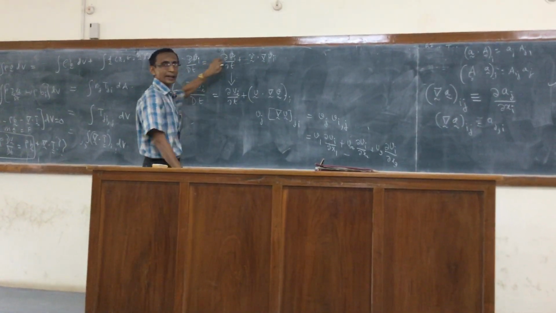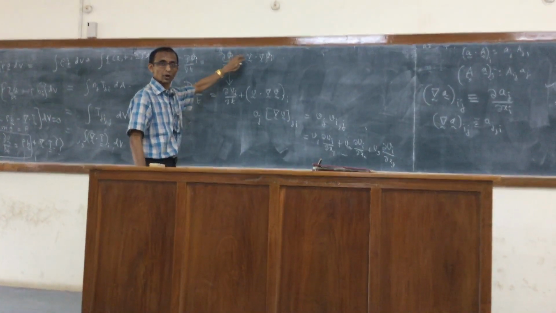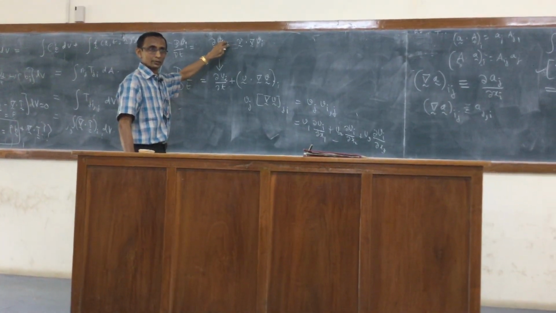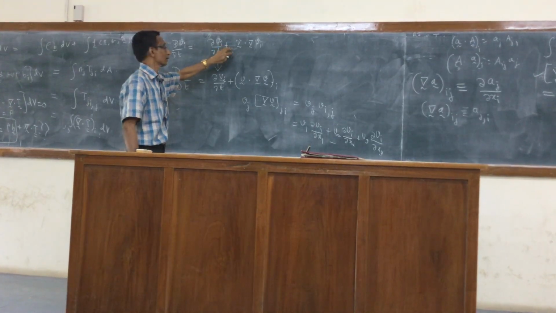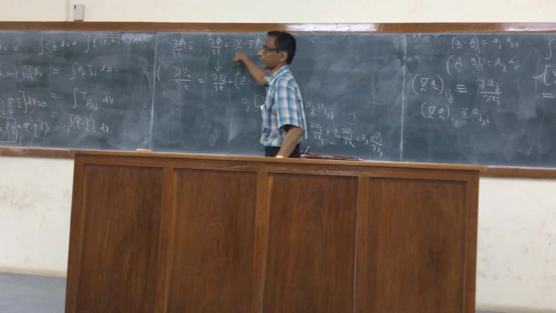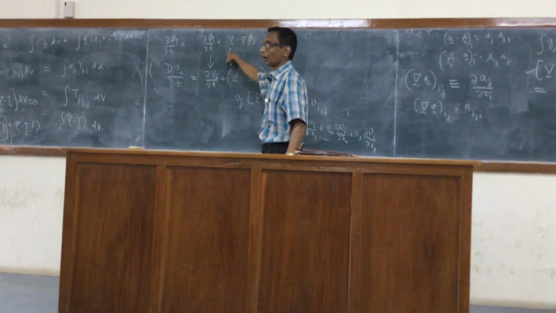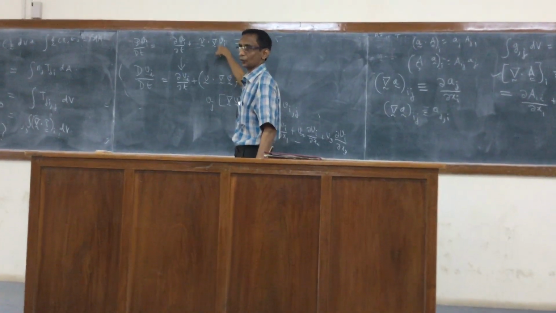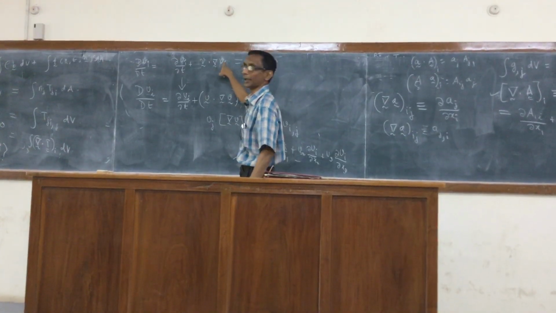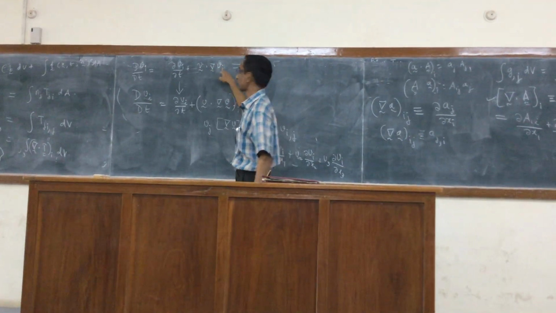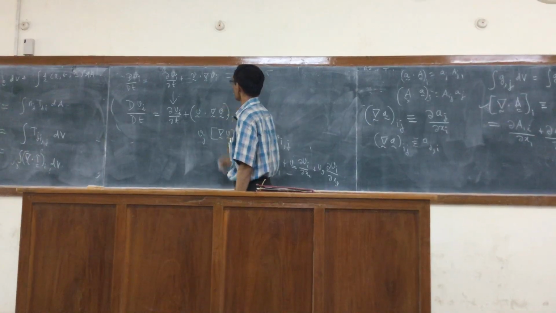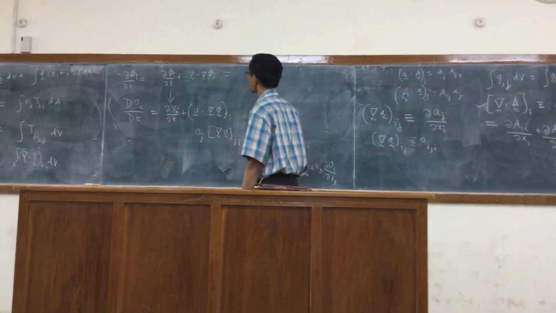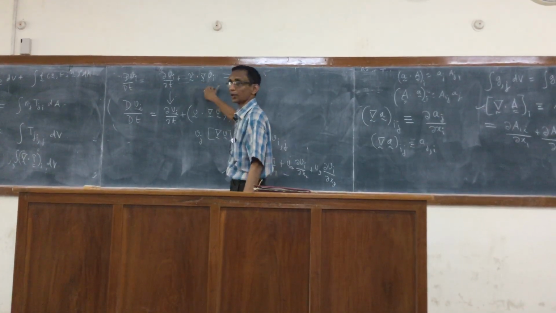This is the i-th component written using the formula for the substantial derivative of a scalar. This is the dot product of a vector with another vector, because I'm doing only one component. So this is a scalar, and the gradient of the scalar is a vector. If I want the i-th component, that is what I have written.